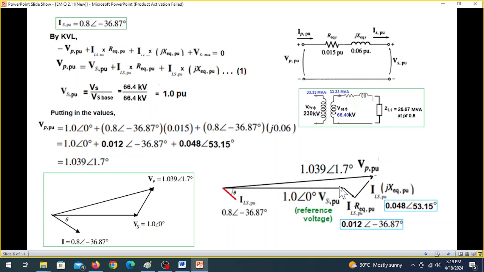From the reference, you are dropping in the resistance, so you go following the current, and then this will be 90 degrees from there, so you go here, and then you connect these, you find the output. That comes from here. If you see Vs plus IS RE plus IS XE, and this gives you VP.